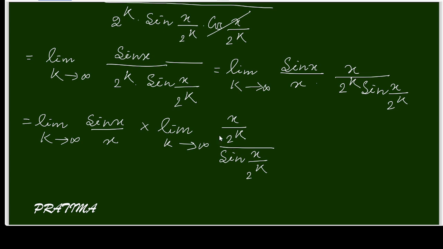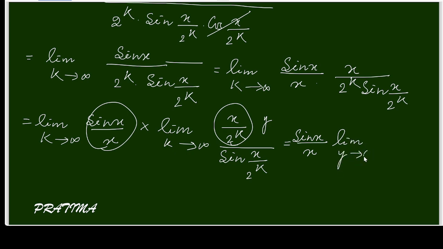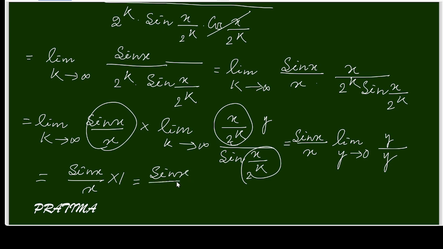If we take x by 2 power k as y, so this would be same as sin x by x, only sin x by x. This I am taking as y. So when k tends to infinity, y tends to 0. This will also be y, so this becomes 1. So the result is sin x by x. I hope it is interesting to you.